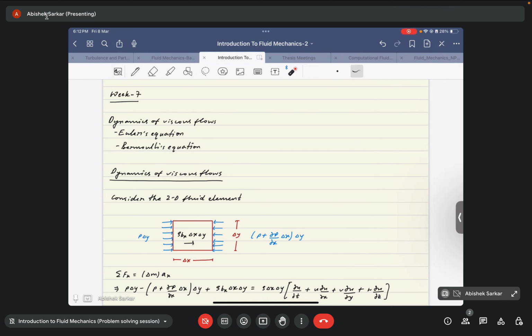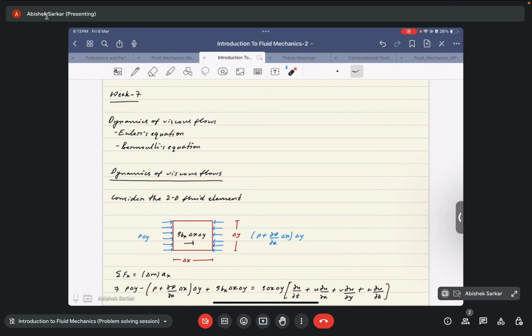Then we looked at fluid motion and dealt with flow kinematics, where we dealt with flow visualization and the various techniques used to aid it, such as streamlines, streak lines, path lines, and even timelines.